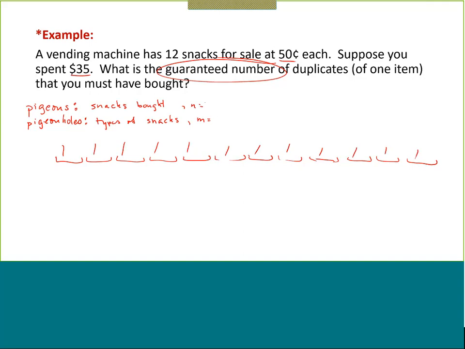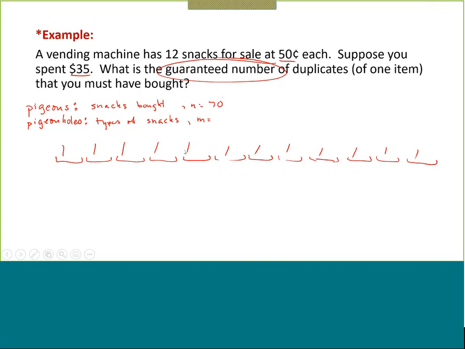You spent $35. They all cost 50 cents. Don't overthink it. You got it. You bought a grand total of 70 snacks, hopefully not really all at once, from this vending machine.